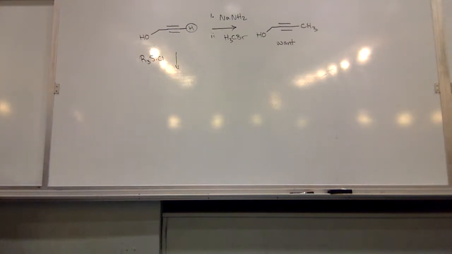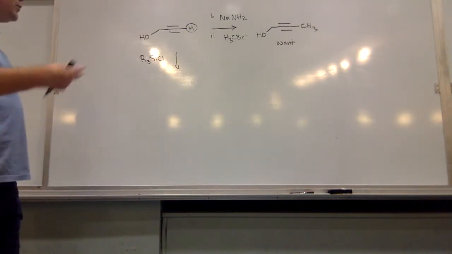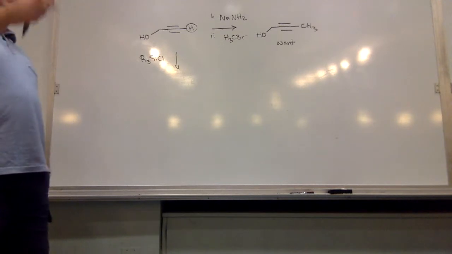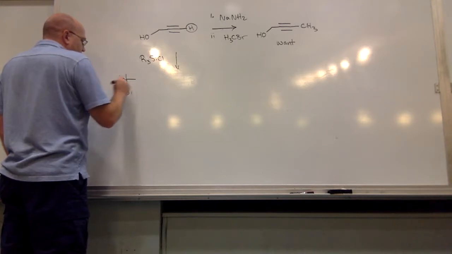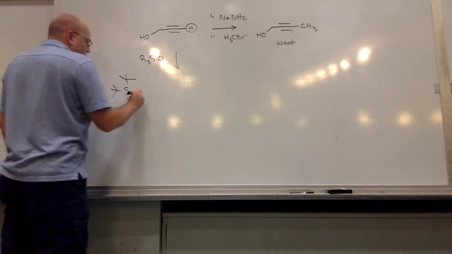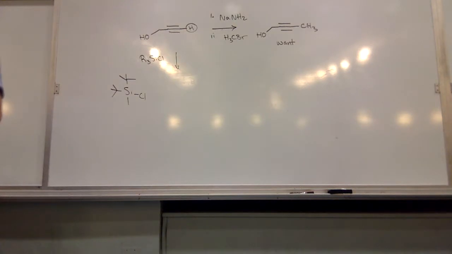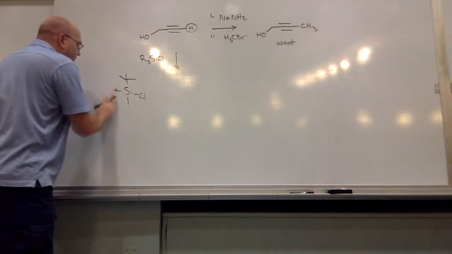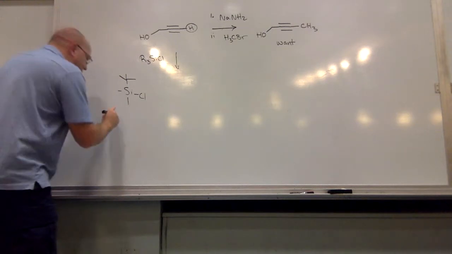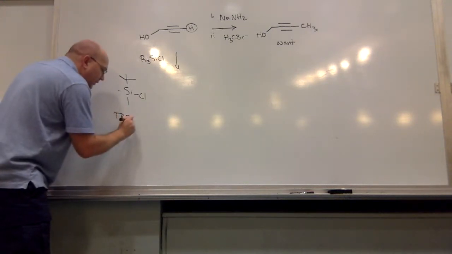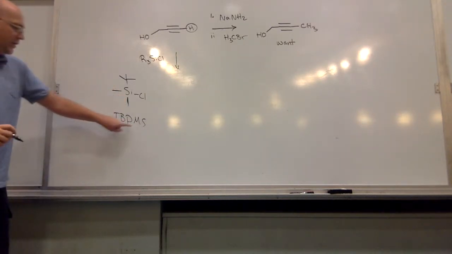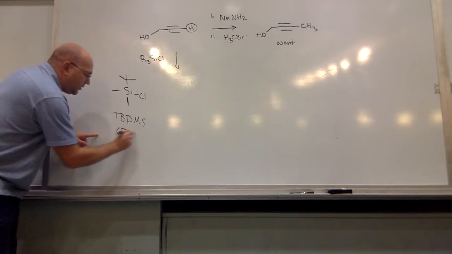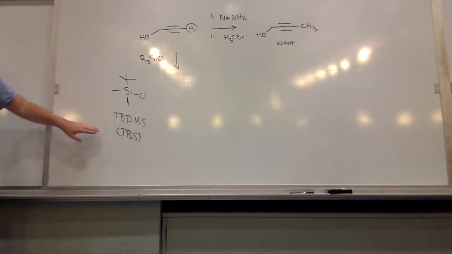The classic one is TBS, also called TBDMS, which is tert-butyl dimethylsilyl. Sorry, tert-butyl dimethyl. TBDMS is sometimes just called TBS, just two different terms that are used, so you'll see this a lot.